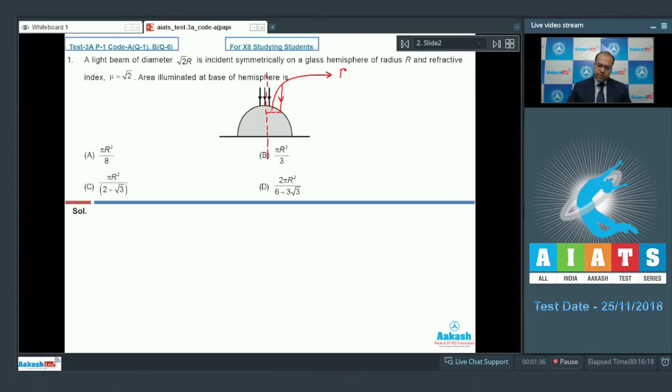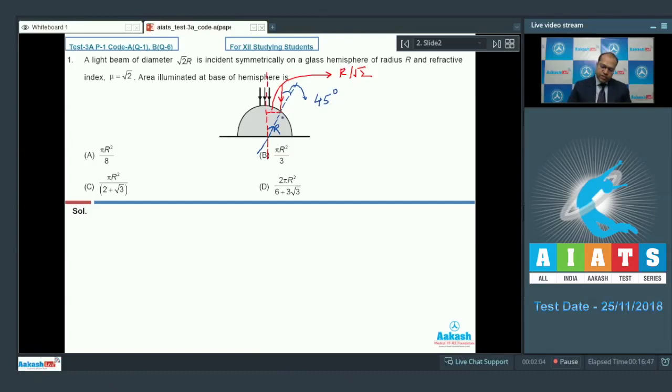If I draw the normal at this point, and since this is r, then this angle is 45 degrees. So if this angle is 45 degrees, this angle is also 45 degrees. So it is the angle of incidence for the extreme ray.